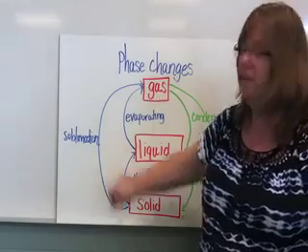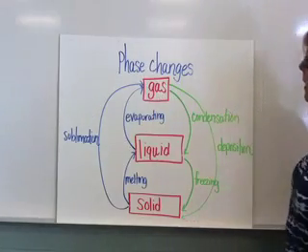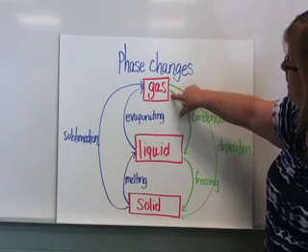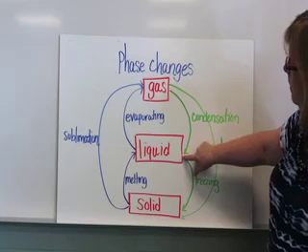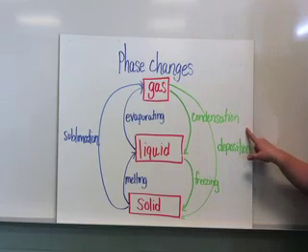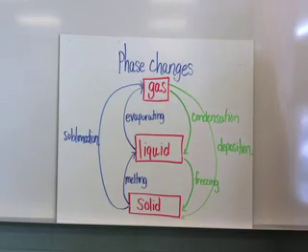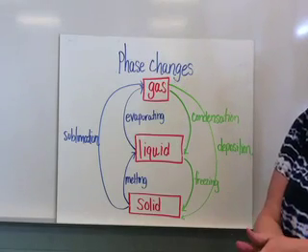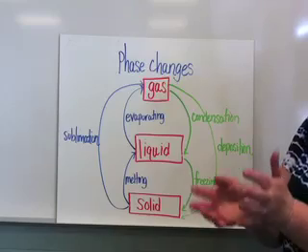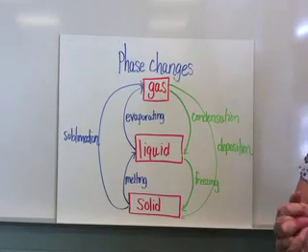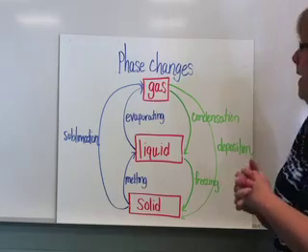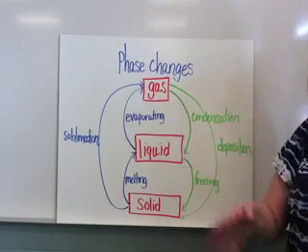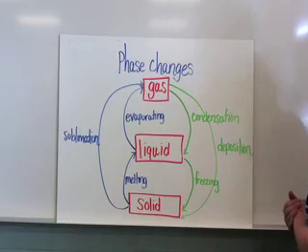That's called sublimation. Now, if we go in the opposite direction, if we have a gas and it goes down to a liquid, we call that condensation. So if you have a cold can of soda sitting out and it starts forming liquid droplets on the outside, that's from the cooling of the air, and then it's condensing down into a liquid and collecting on the outside of your soda.